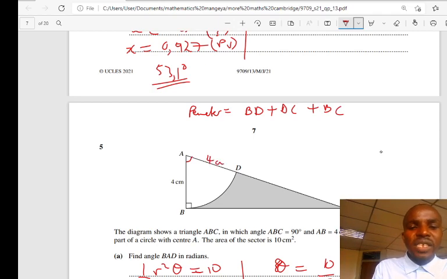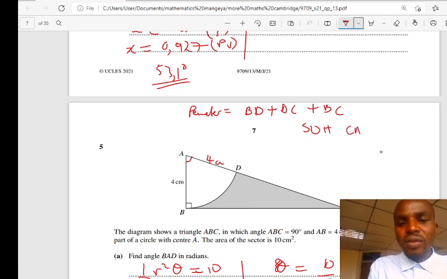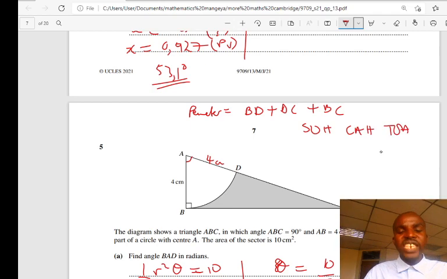Then BC, I can find right away using right angle triangle ABC. To find those things, I have to use SOHCAHTOA, which is used to solve right angle triangles.